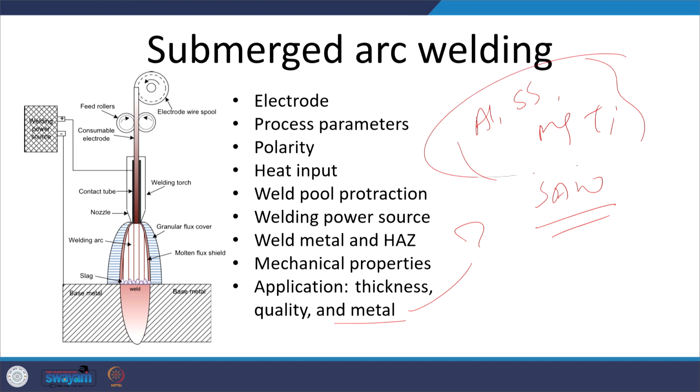Because SAW does not provide very effective protection, especially against oxygen, and therefore, metals sensitive to the atmospheric gases, or metals having a higher affinity to oxygen, should not be welded by submerged arc welding, but mostly the steels do not create much of a problem. So, they can be welded by the SAW process. For most of the commercial grade welding, SAW can be used for welding of the steels.